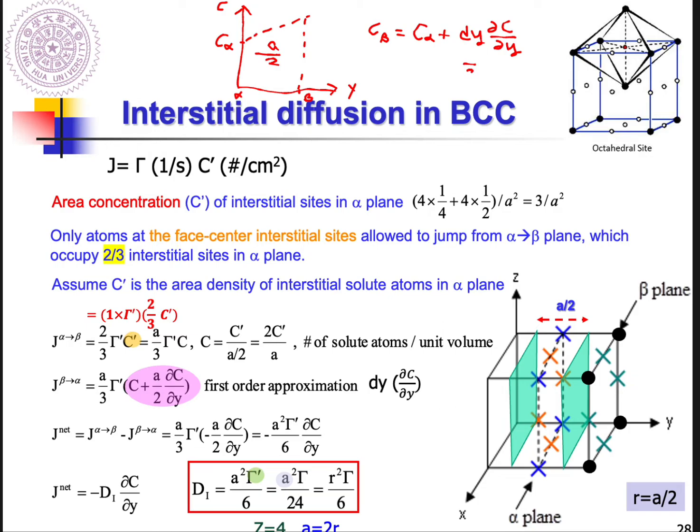So this is A over 2 times the concentration gradient, and we assume C alpha is C. So C plus A over 2 times the concentration gradient. This is how we use this. Actually, this is C beta, and this is C alpha. Okay, hope you can follow.